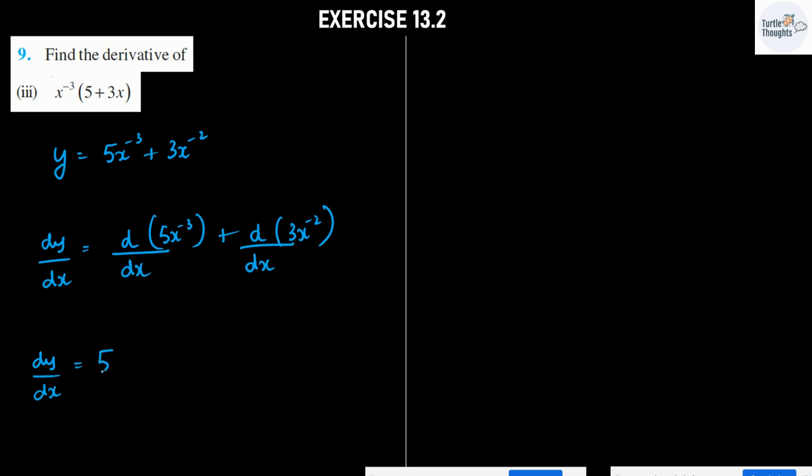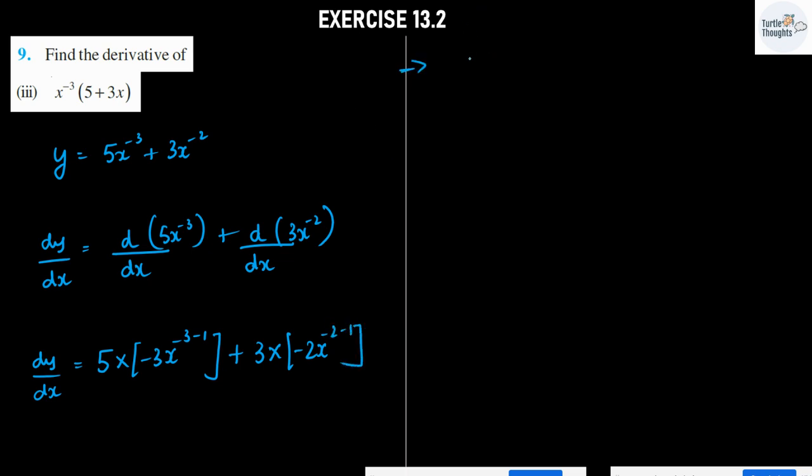You can write 5, which is a constant, multiplied by minus 3 x raised to the power minus 3 minus 1, plus again 3 is a constant multiplied by minus 2 x raised to the power minus 2 minus 1.